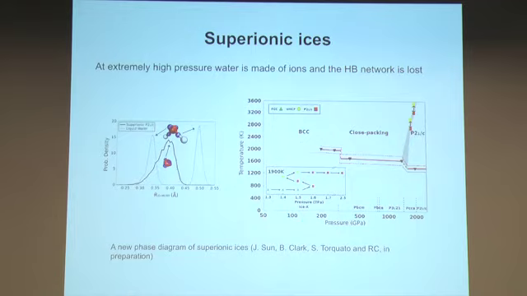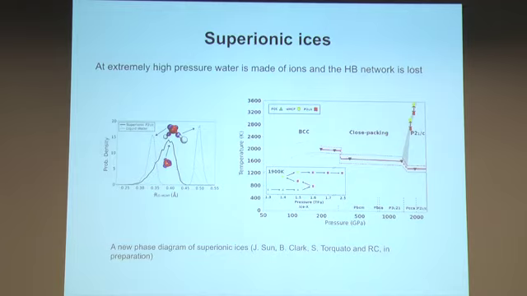So we were interested to see if there are also phase transitions in the superionic phases. A transition from BCC to a close-packed phase, like hexagonal close-packed or FCC, was also found recently by people in Berkeley who used free energy methods.